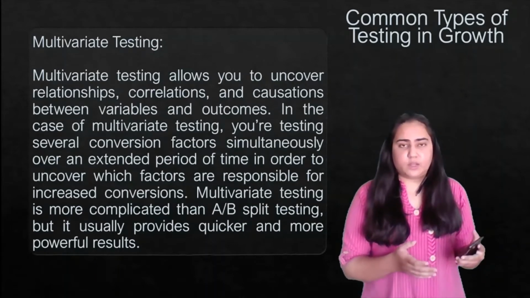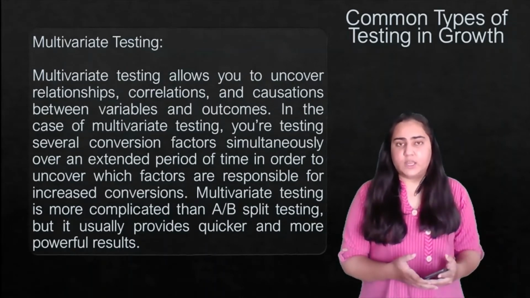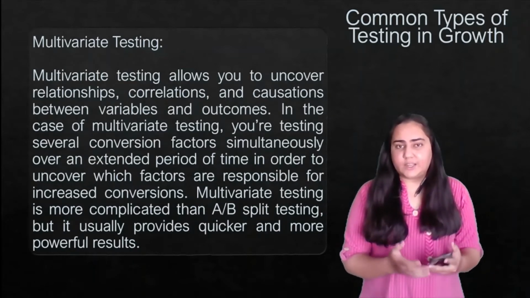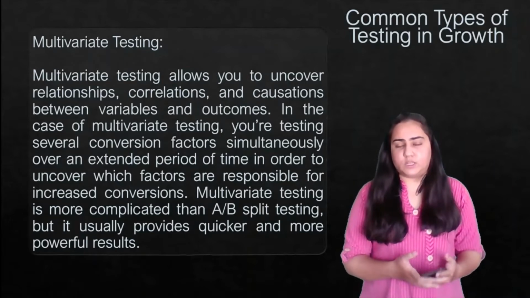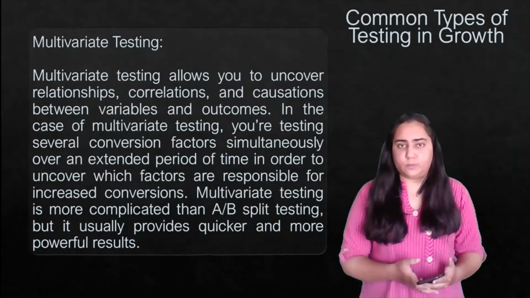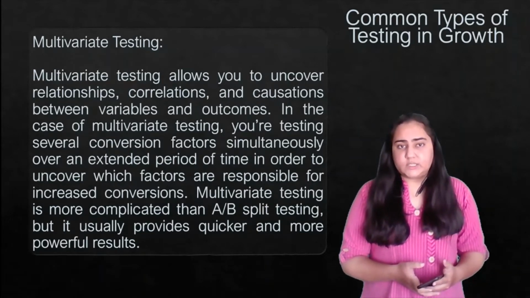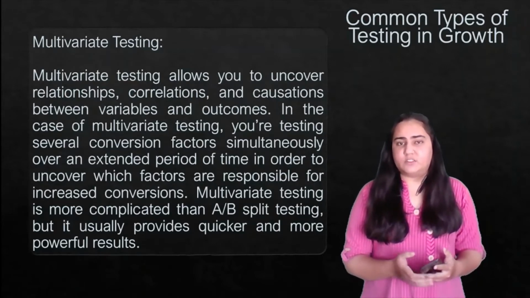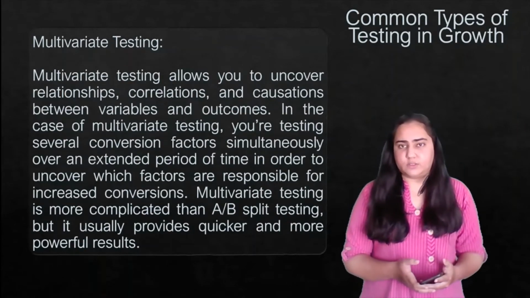You will have lots of variables, lots of factors, and you'll be testing all of them to find out which of those factors are actually helping you in conversions in your sales funnel. Multivariate testing is more complicated than A/B split testing, but it usually provides quicker and more powerful results.